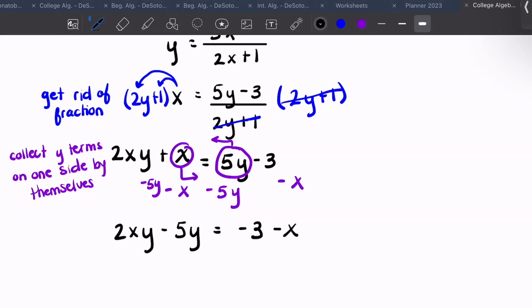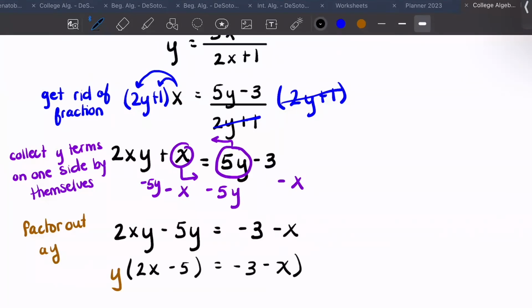So now you have all your y's grouped together, but you still have this 2x right here, 5 right here. This line, though, has something in common. It has a y in common. So your next step is to factor out a y. And you're left with 2x minus 5 inside those parentheses. And you're left with the same thing on the other side. Now you can divide by 2x minus 5 on both sides.